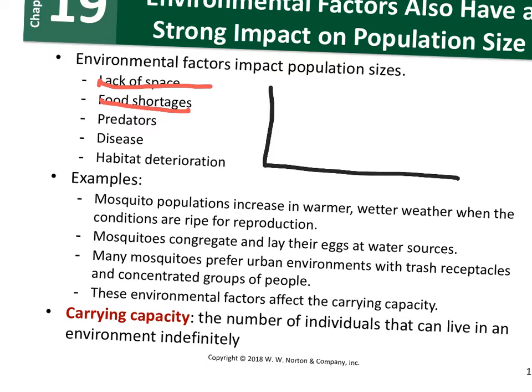Let's say we have this much food. Once a population starts growing, it reaches that, it can't go any higher. Okay? There's only so much food. If it does go higher, then it's going to be pushed back down to what that is. And this is actually called carrying capacity.